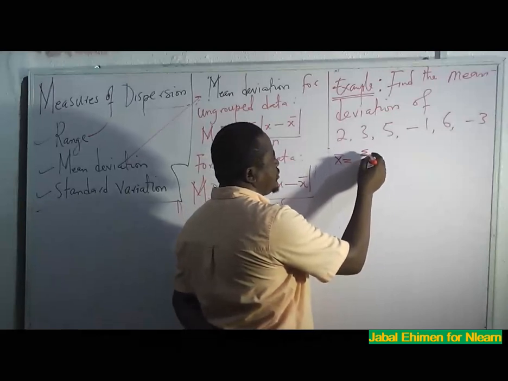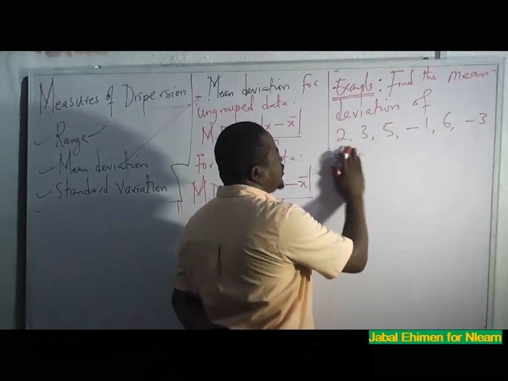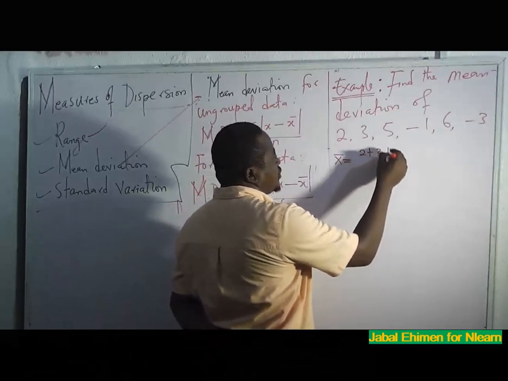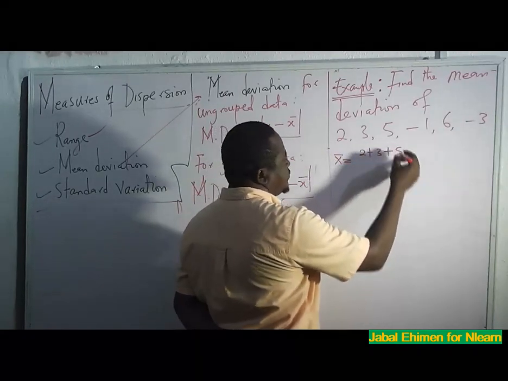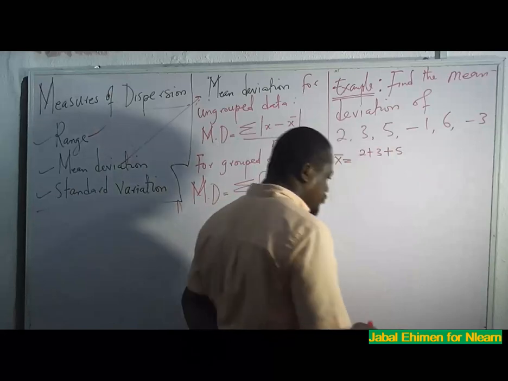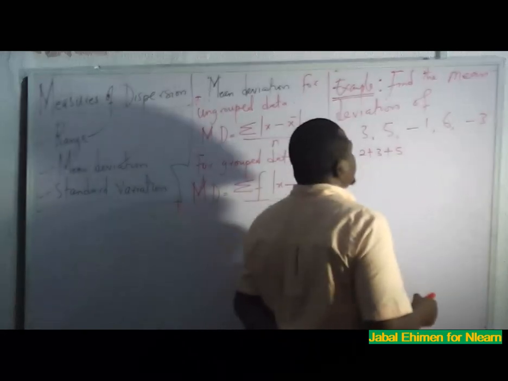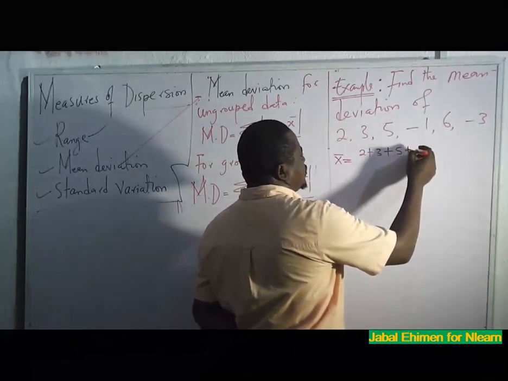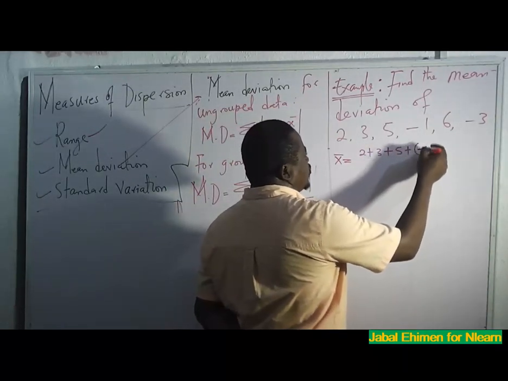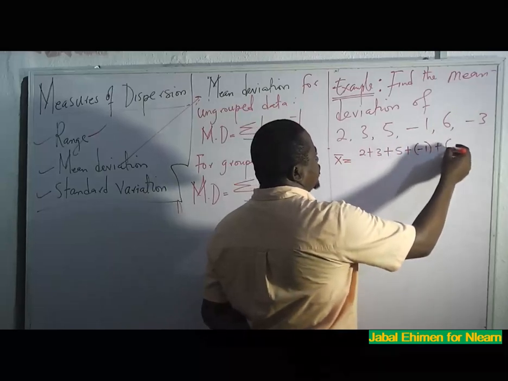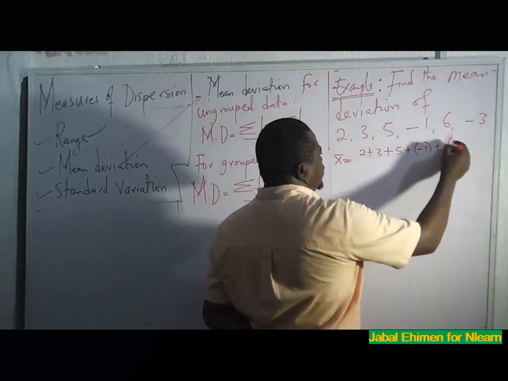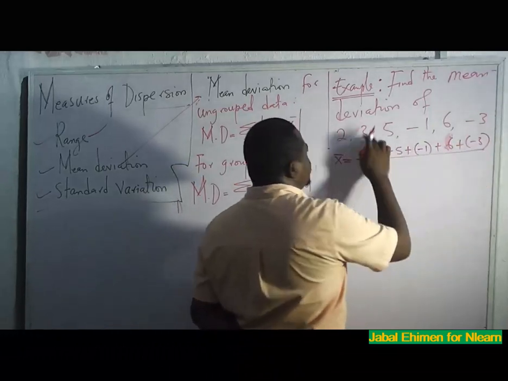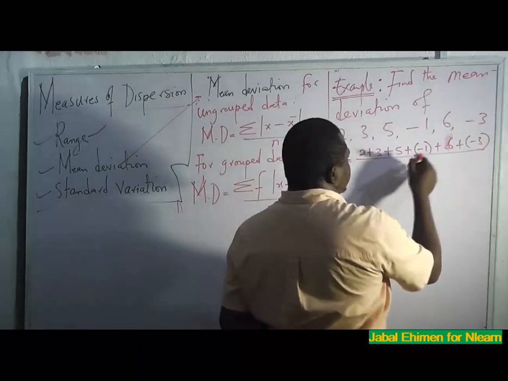Mean is the values added: 2 plus 3 plus 5 plus 6 plus minus 1 plus minus 3, divided by 1, 2, 3, 4, 5, 6.